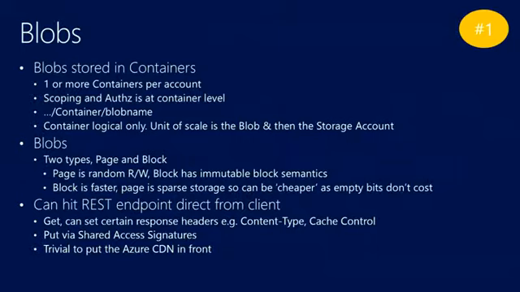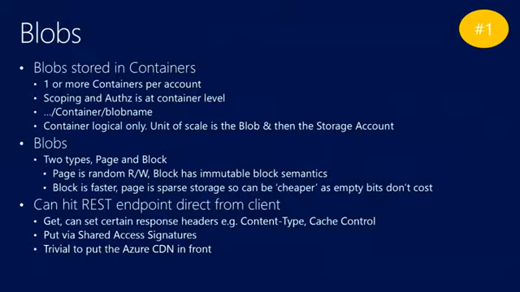As said before, it's a RESTful endpoint. You can hit that RESTful endpoint direct from your client. So blob storage is a great place to put things like the images that sit behind your website, because you can send the client straight to the blob store to retrieve the data over HTTP rather than having to proxy that data through your web server. You can pick up a whole lot of load off that web server and stick it straight into blob storage.